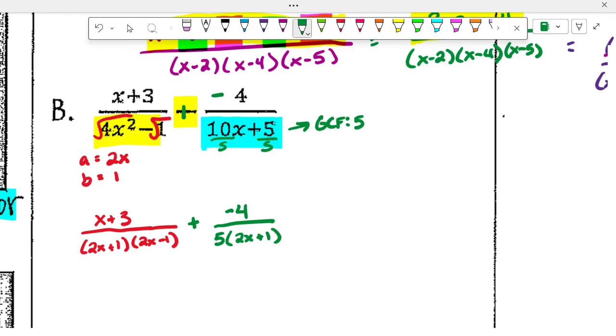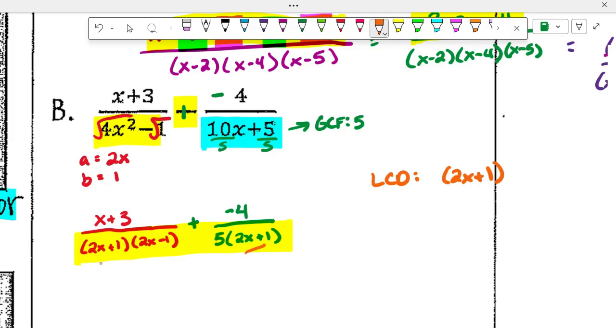Now, we got enough info to get my least common denominator. So I'm looking just straight across at both my denominators. Someone tell me one factor that's going to be in my common denominator. 2x plus 1. So 2x plus 1 is there. If it helps, just cross them out as you go, or write a little dash underneath it.